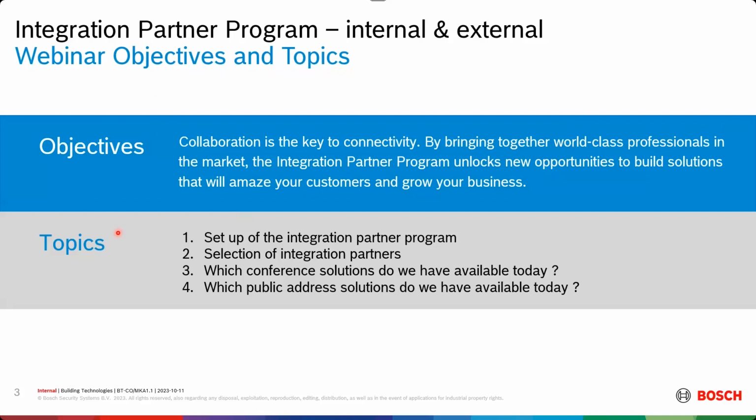We will have 4 topics for this session. The first topic is, what is the setup of the Integration Partner Program? Then how do we select integration partners? And what is then the way of working in order to get them specified, up and running, and specified on the website? And then we will show the solutions which we have for conference systems and for public address systems.